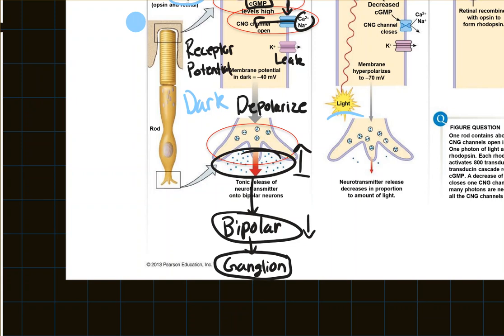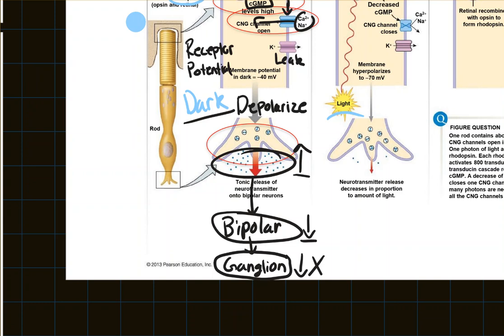And the bipolar cell will tell the ganglion cell what to do. So if the bipolar cell has a low firing rate, the ganglion cell will also have a low firing rate. So in the absence of light, we have no action potentials because the ganglion cell is not firing action potentials or has a low firing rate of action potentials.